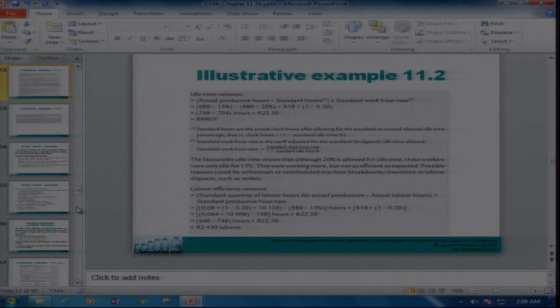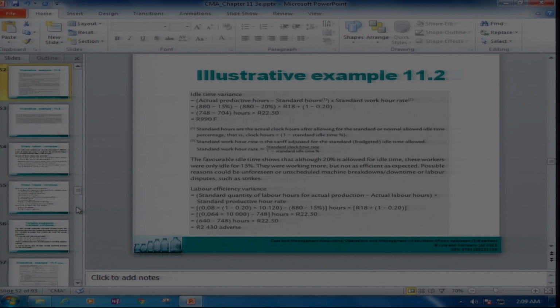So when you work out the hours taking into account the idle time, you only need, as per the standard, 0.064 hours to manufacture a unit. Multiply by the actual units produced, which is 10,000, you will then get 640 hours, which is your standard or budgeted hours.